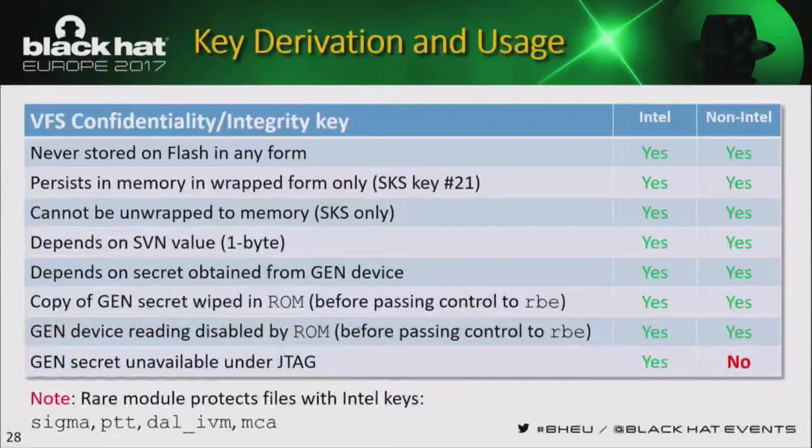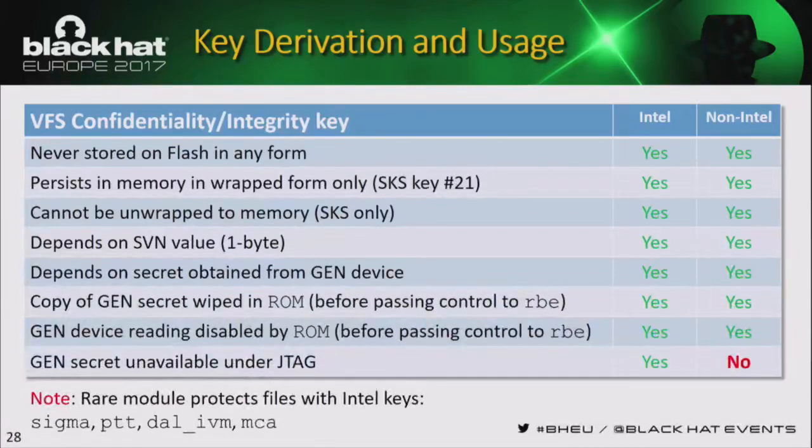And this table describes different aspects of key usage that we discovered from the management engine. Plain text key: neither confidentiality nor integrity, never stored on the flash in any form, so you are unable to read them from the flash.